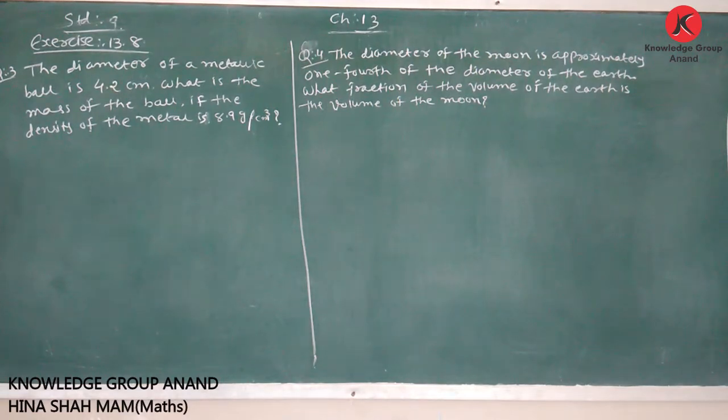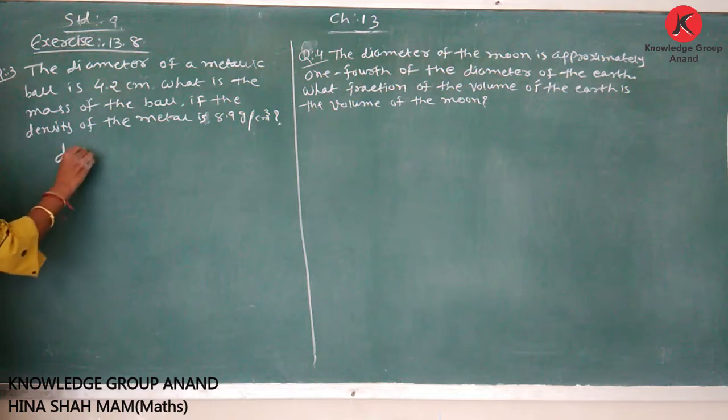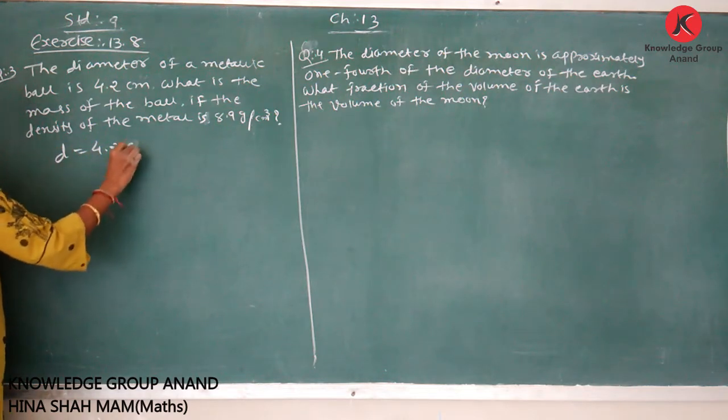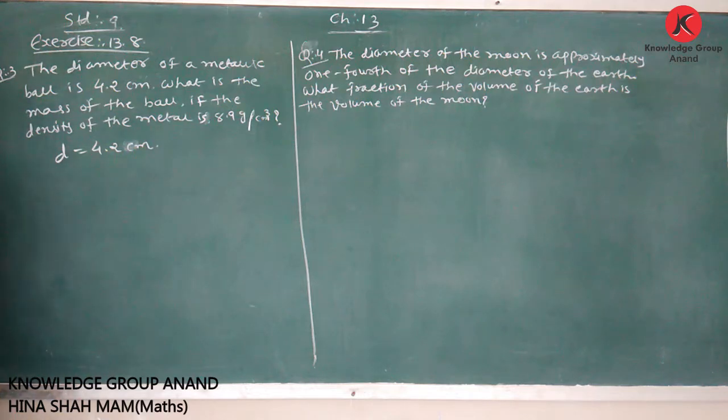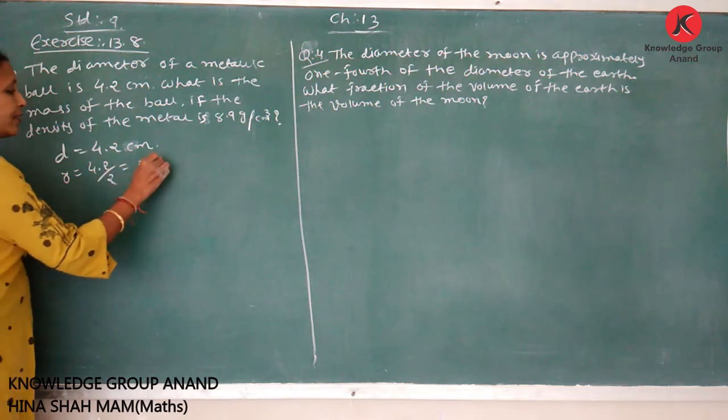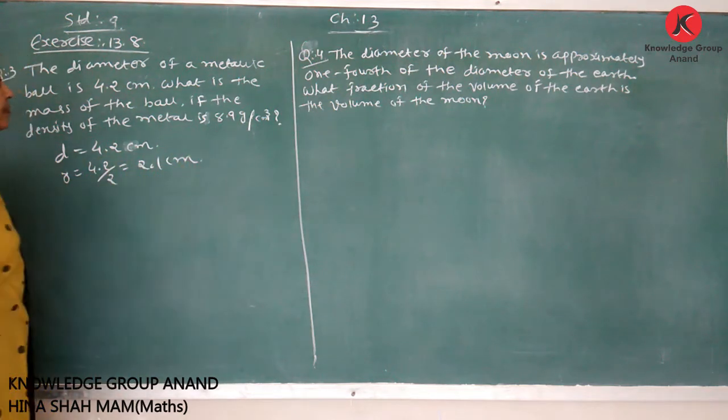Now, question number 3 of exercise 13.8. The diameter of a metallic ball is 4.2 centimeter. Therefore, its radius is equal to 4.2 divided by 2, 2.1 centimeter.